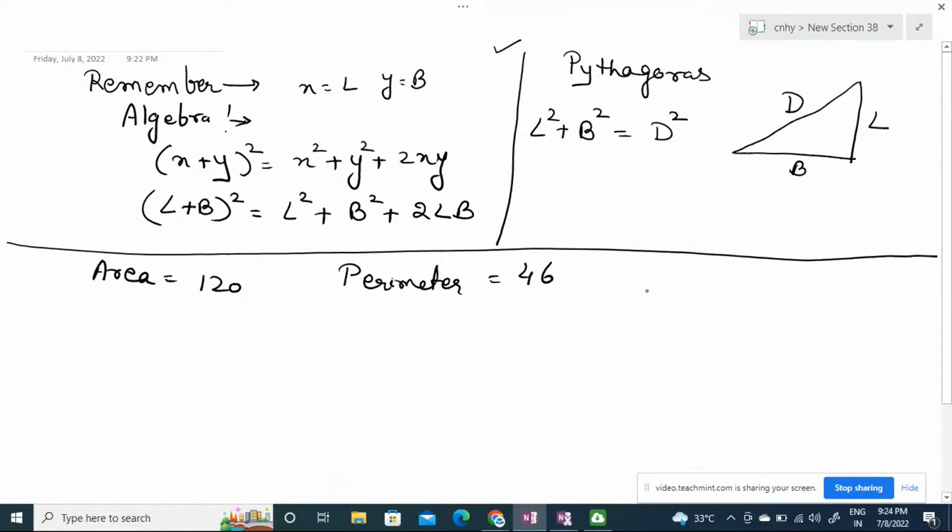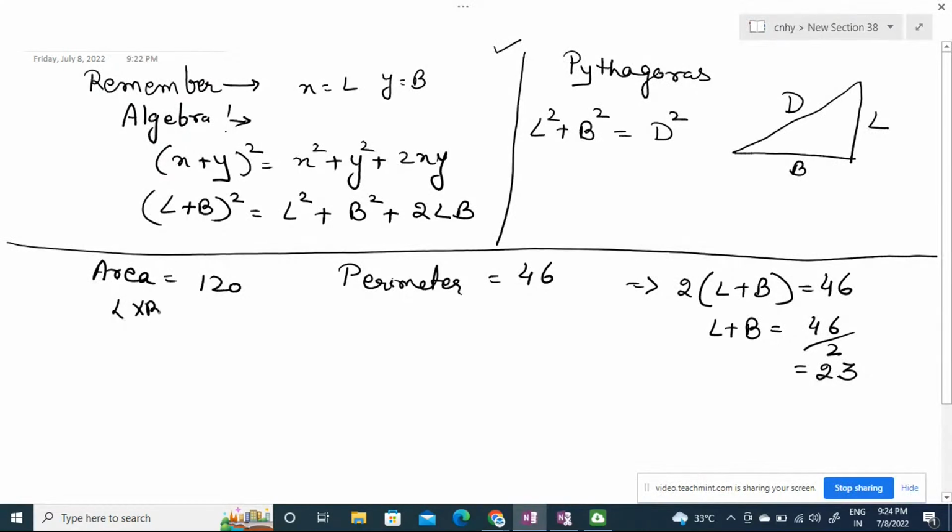Now perimeter, we know the formula: 2 times length plus breadth is equal to 46. The value of length plus breadth is equal to 46 by 2, that is 23. And length into breadth is equal to 120. Now we substitute both of these values in this equation.